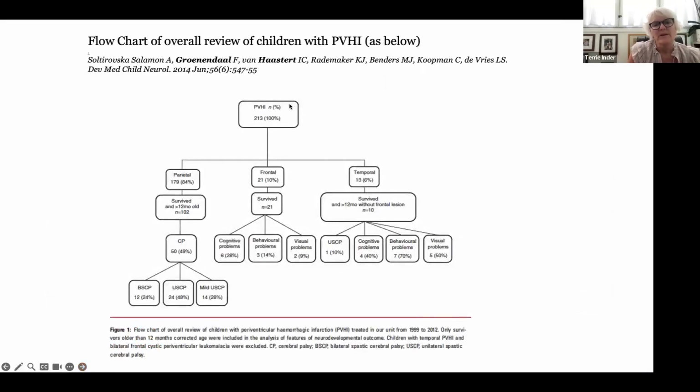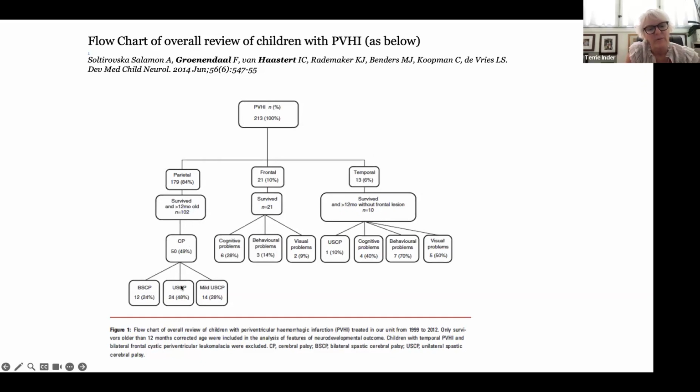That's important because when you look at the outcomes, I often hear people get very sad about grade 4s, and so do I. But when you look at the actual outcomes of these infants, this is the largest series, again from the Netherlands, 213 of these babies. Most of these lesions were focal in the parietal area. If the children survived, which about 70% of them did, the chances of cerebral palsy were only 50%.